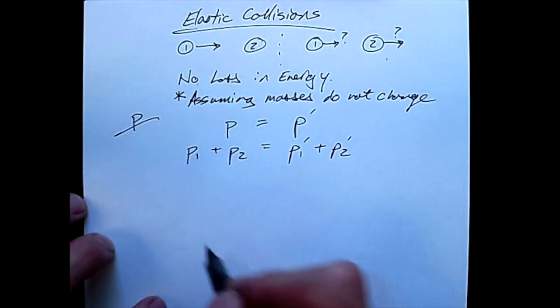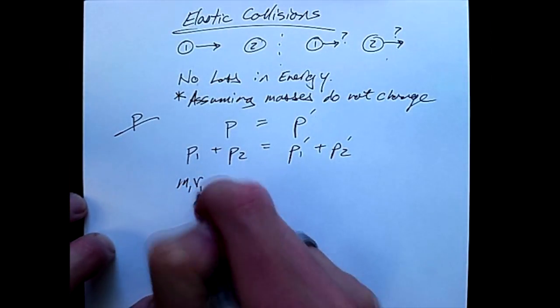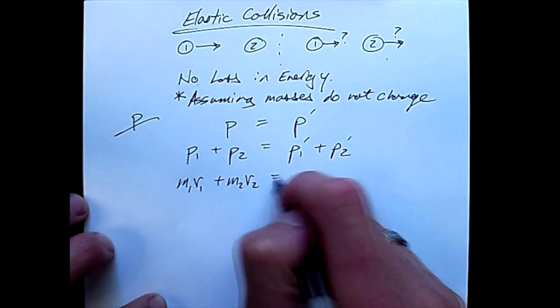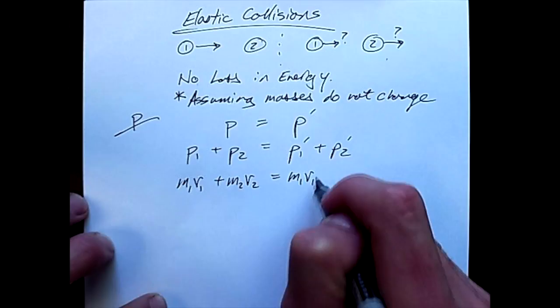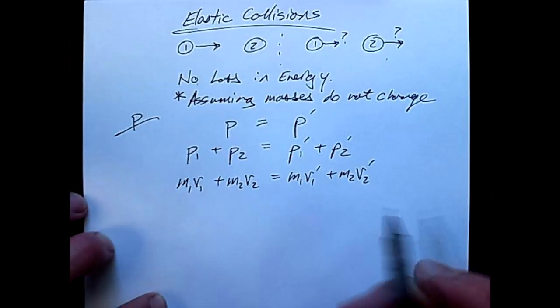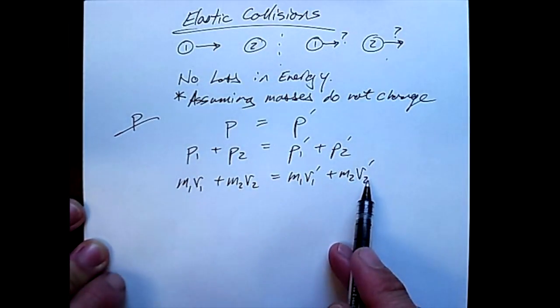Expanding out the fact that momentum is mass times velocity, this becomes m1 v1 plus m2 v2 equal to m1 v1 prime plus m2 v2 prime. Again, the masses do not change, so they don't need prime notation because they're the same value.